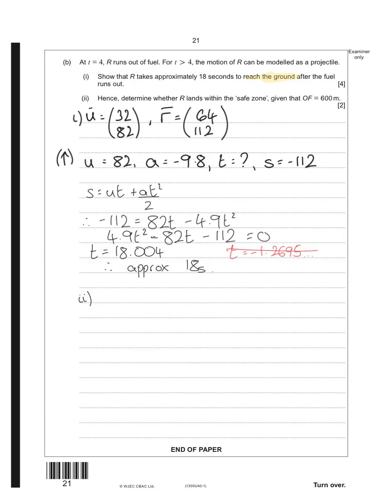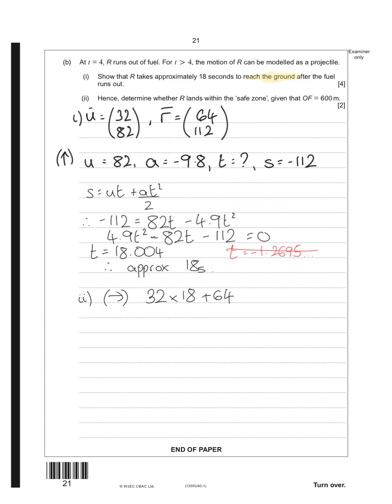Horizontally, it's going to travel 32 meters per second. It's not going to slow down, remember, with projectiles the horizontal acceleration is 0. It's going to do 32 meters per second for 18 seconds, but also during the booster phase it travels 64 meters horizontally.